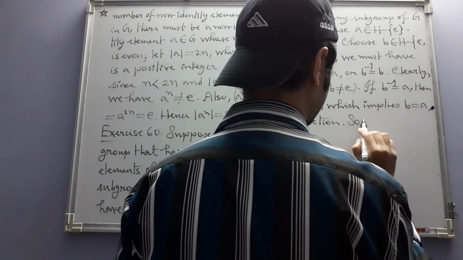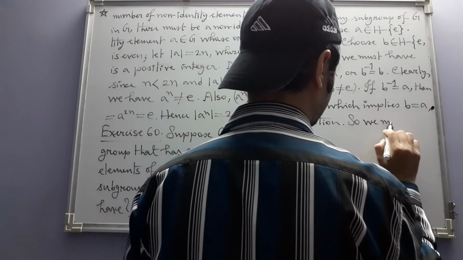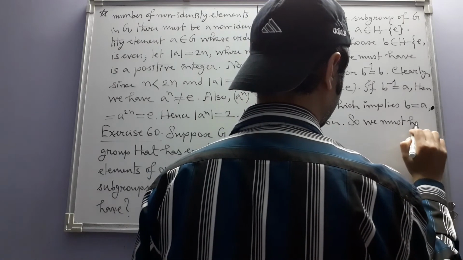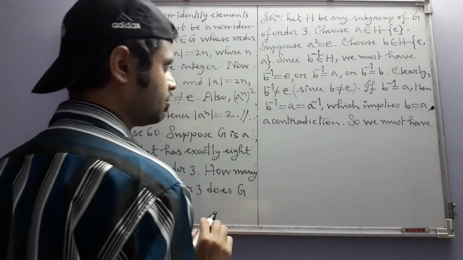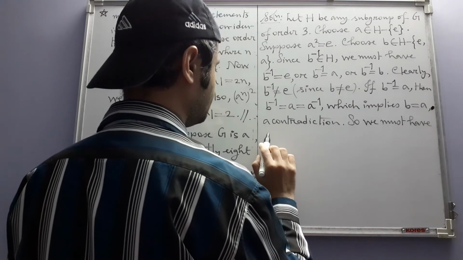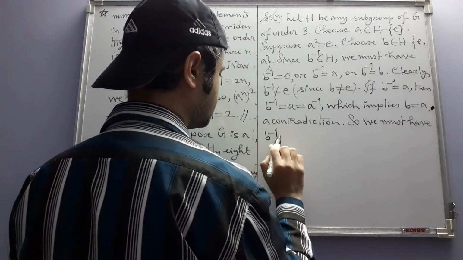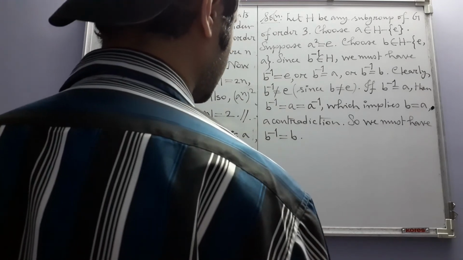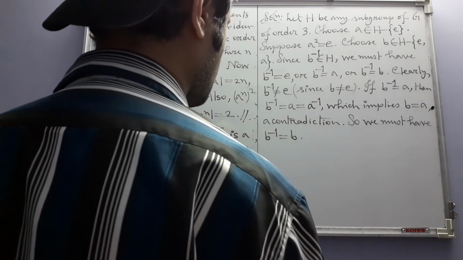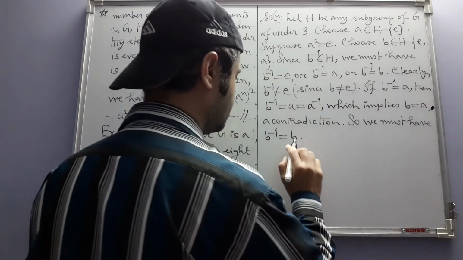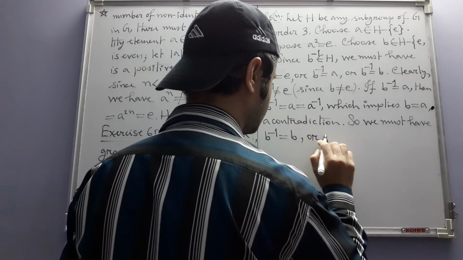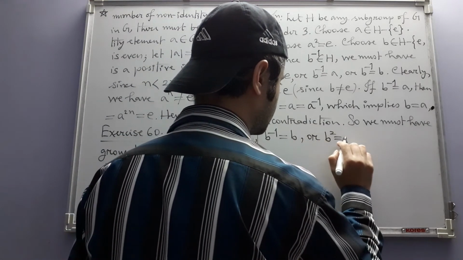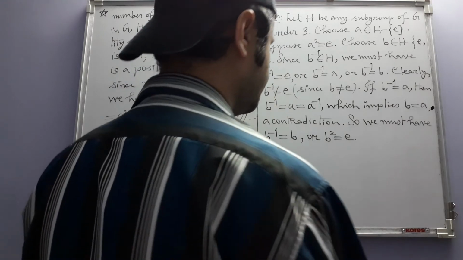So we must have B inverse equal to B, okay, or B square equal to identity.